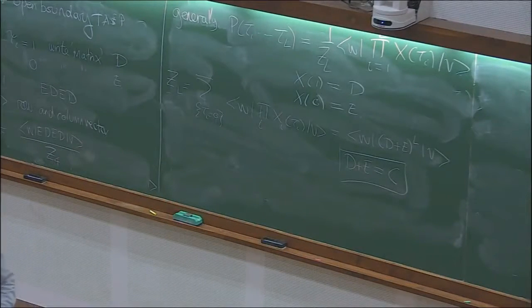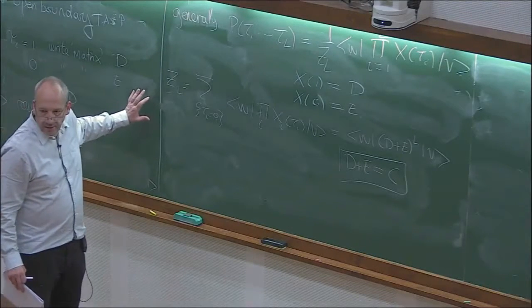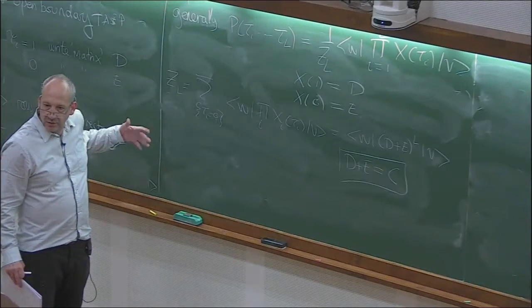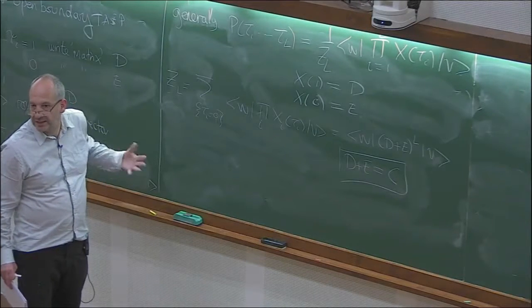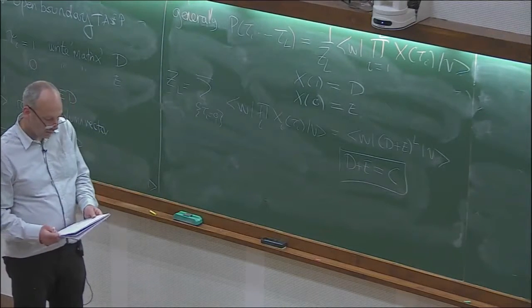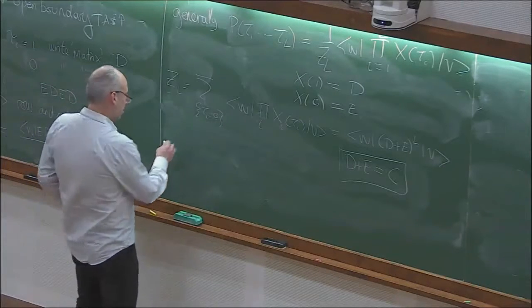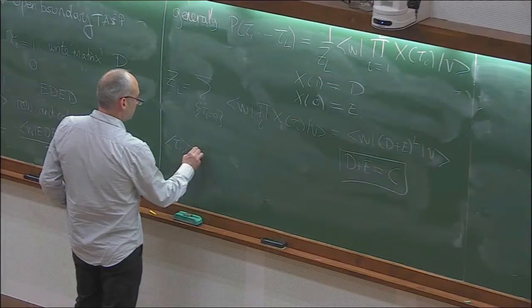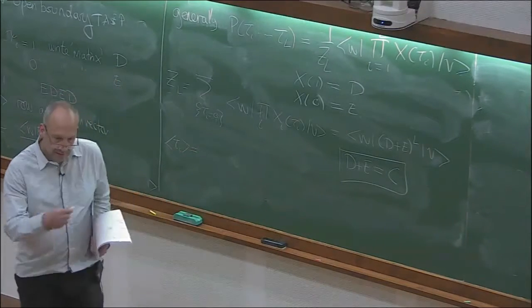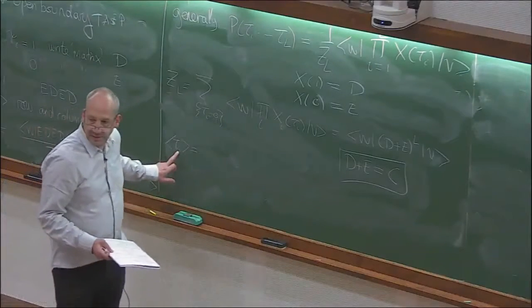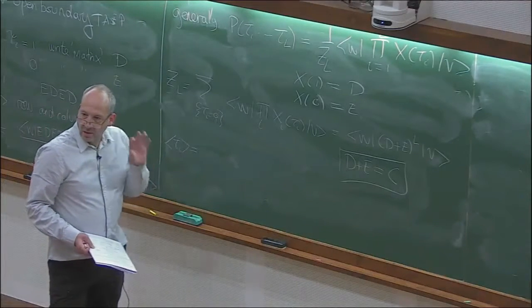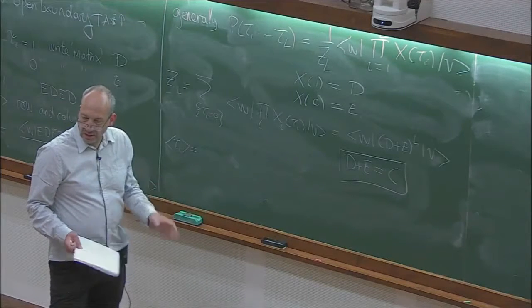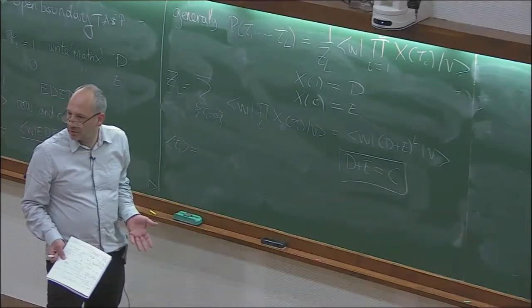But first of all, I have to go back and think about the D's and the E's. Okay, a few more things. If you're happy with this, then I can actually write down correlation functions and densities quite easily within this matrix formulation. In the steady state, if I want the density, remember, the density is an average over this indicator variable, so I want there to be a particle at site i, and I want to sum over the probabilities of all configurations with the particle at site i.